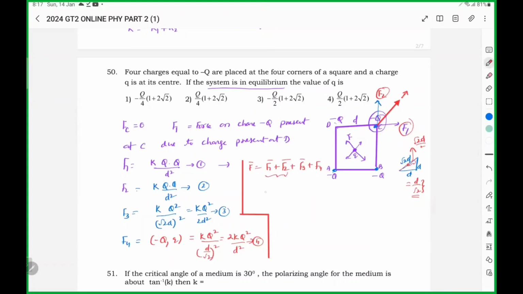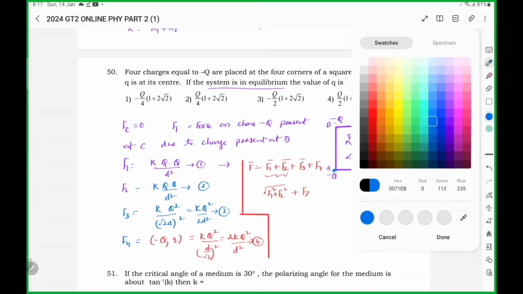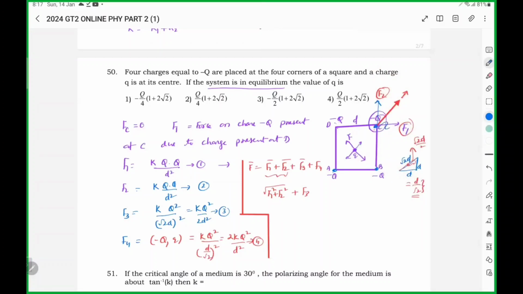So the resultant of these two will be F1 square plus F2 square, since they are perpendicular. F3 also acts in the same direction. F4 only will act in a different direction because that is attracted. So F4 will act like this. This Q will attract minus Q towards it. So I will write minus F4 is 0.